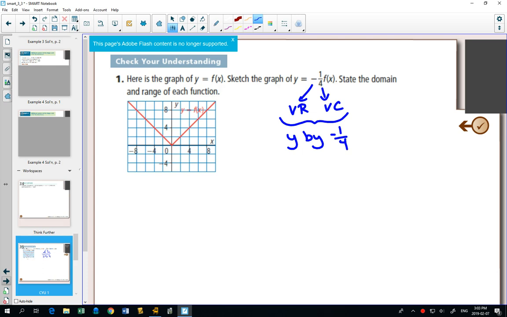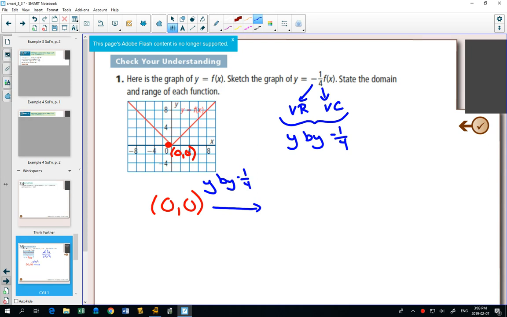Now on our original graph, we need to look at what are some of the key points that we have. This is an absolute value graph. This point at 0, 0 is very important. And what I need to do is multiply my y values by -1/4.